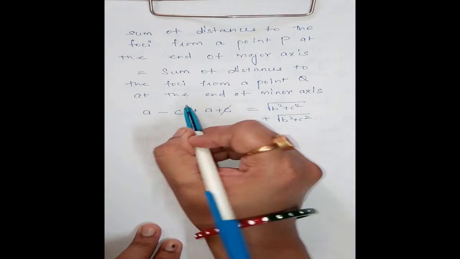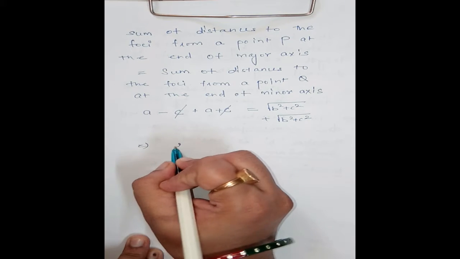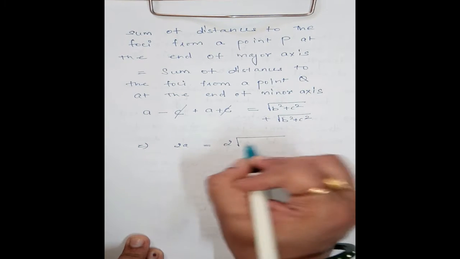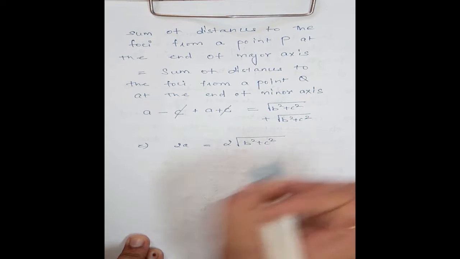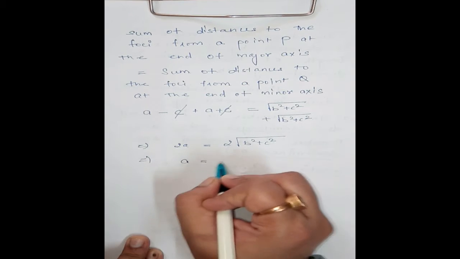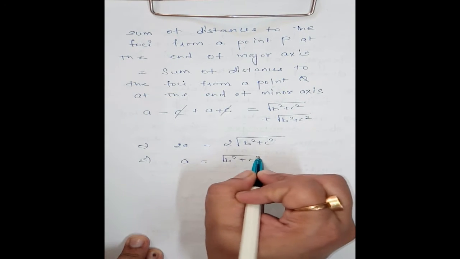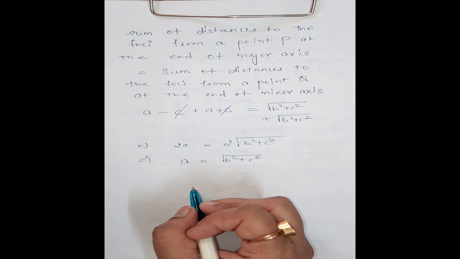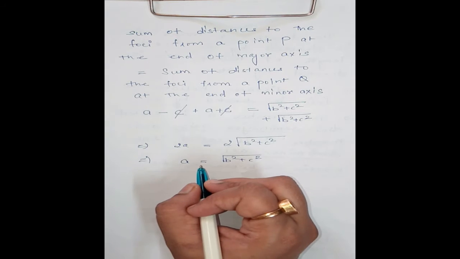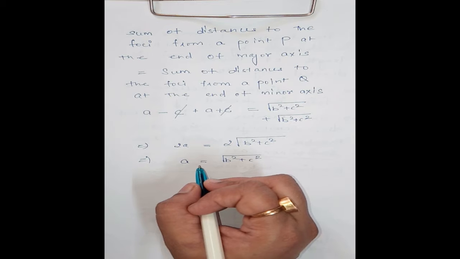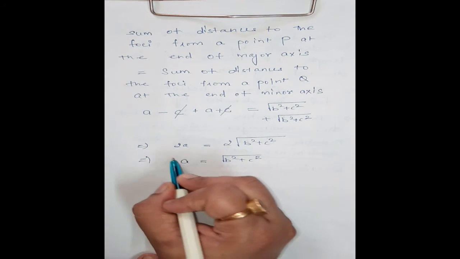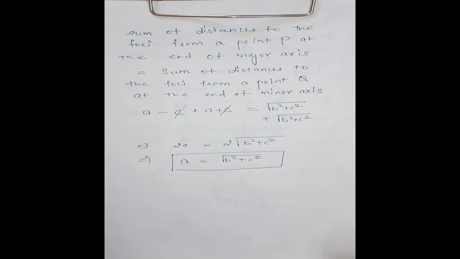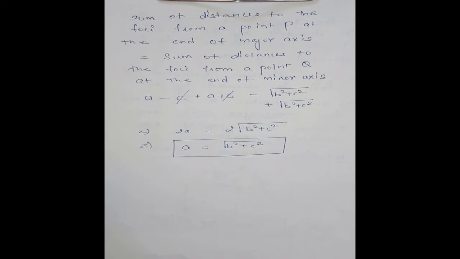Now the c will get cancelled out, so we have 2a equal to 2 into the square root of b square plus c square, and so a is equal to the square root of b square plus c square. This is the relation between a, b and c.